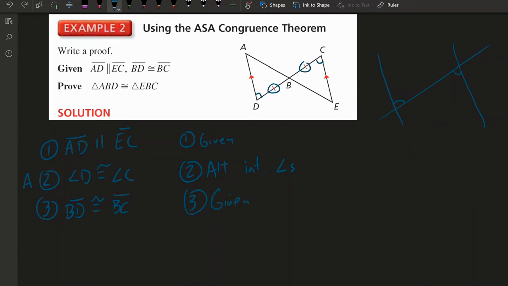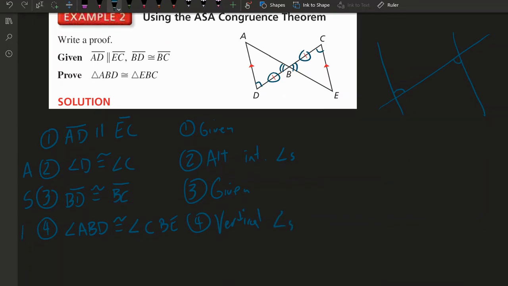And now the last thing is I notice I've got some vertical angles right here. So I've got a side there, and then step 4, I can say angle ABD is congruent to angle CBE. The reason for that is vertical angles.